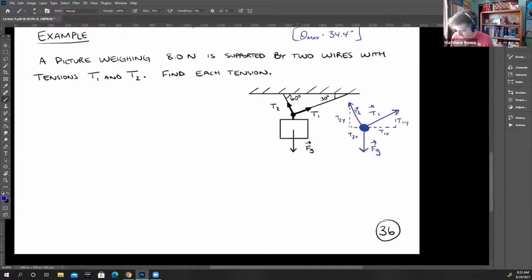So from geometry, I have this. This is supposed to be completely horizontal, or 0 degrees at the horizontal. So since this up here is 60 degrees, that means that this right here is 60 degrees.